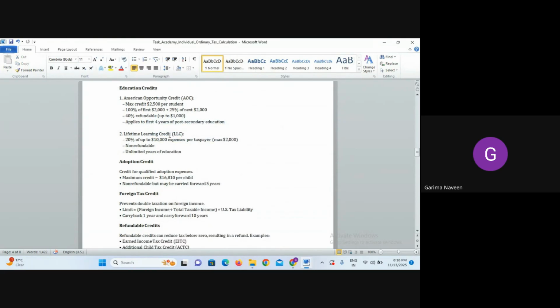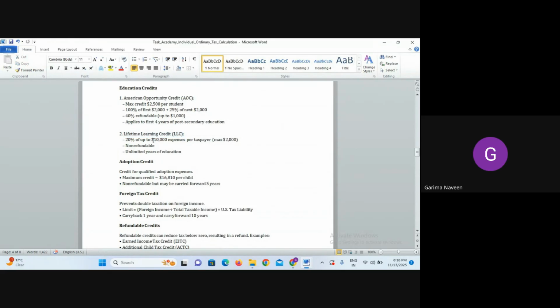Next is the lifetime learning credit. It can be claimed by those who are engaged in part-time courses, not full-time. That means programs which usually do not lead to any degree, but are courses to improve their skills.